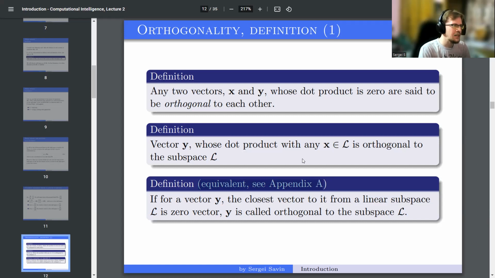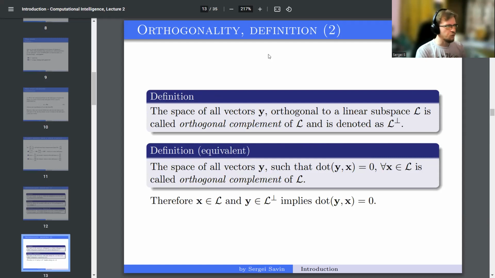Okay. But those definitions, I think, are useful enough.